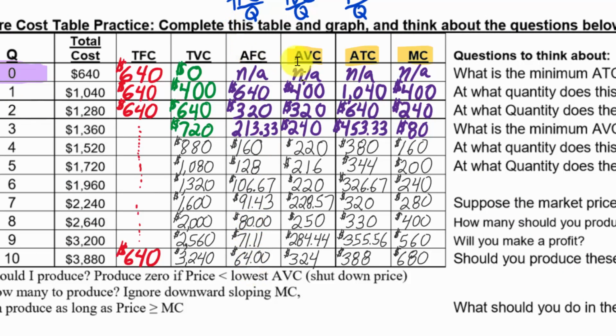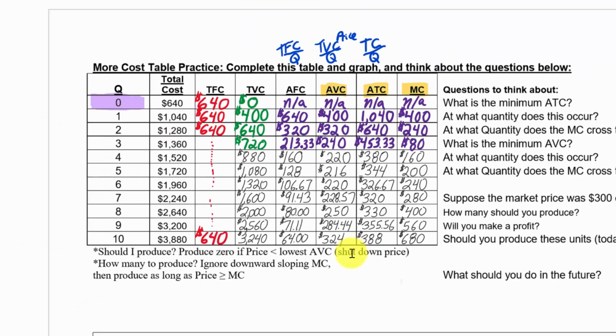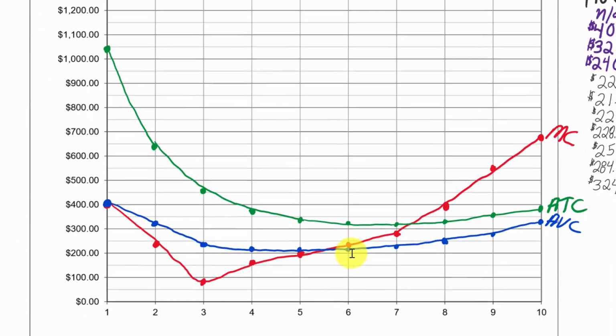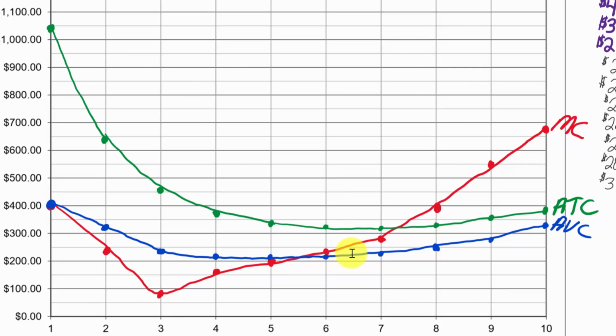So the difference between average variable and average total cost, if we look at the columns in the table here, is slowly getting smaller, to where at thousands or millions of units, these two will get extremely close.